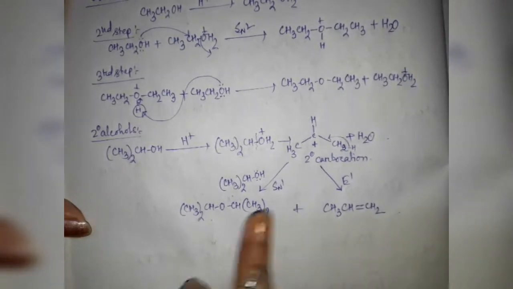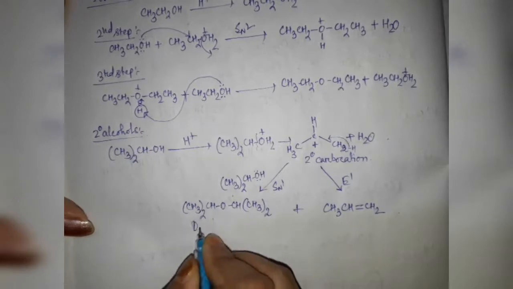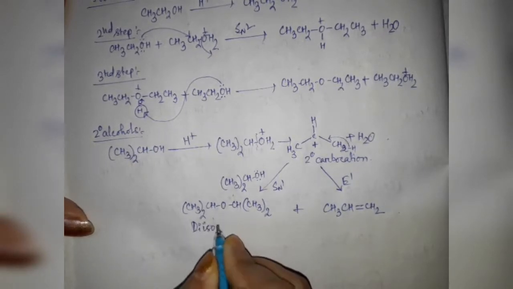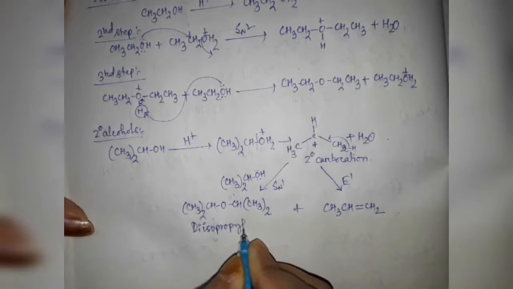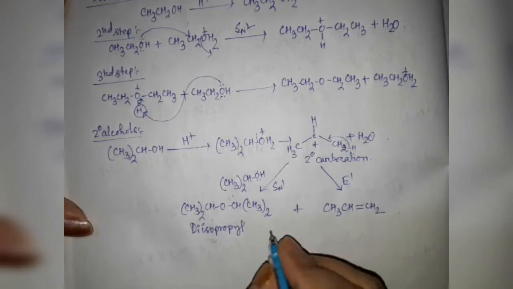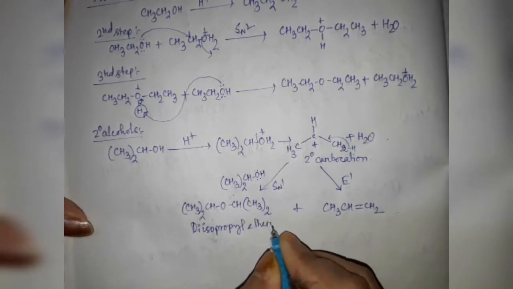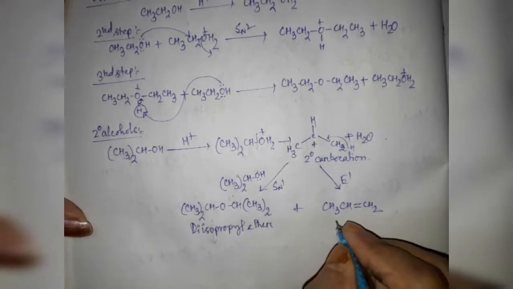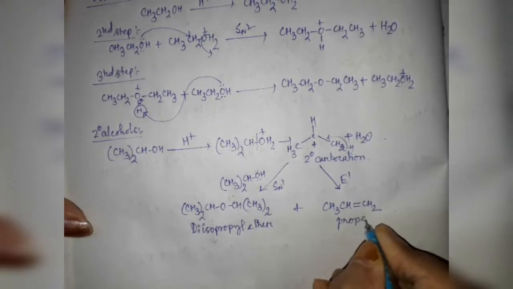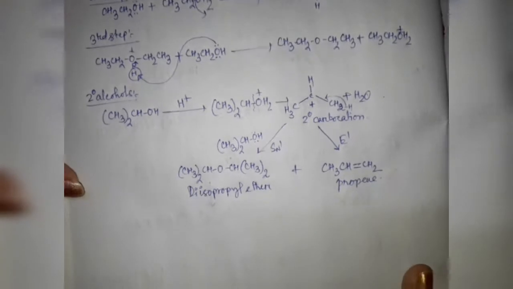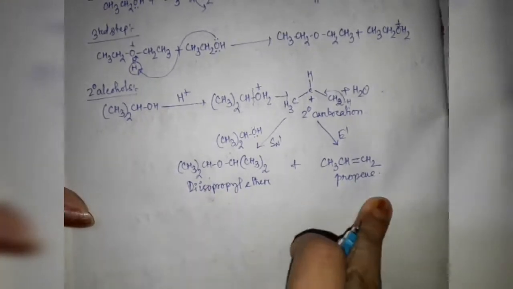So we are getting a mixture of products, that means this is diisopropyl ether and this one is propene.